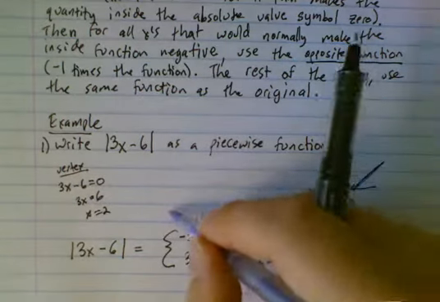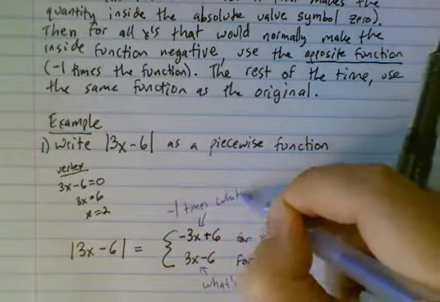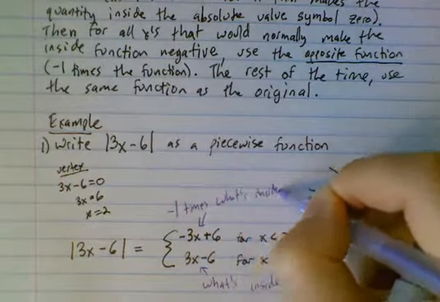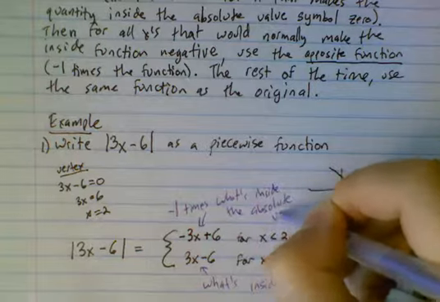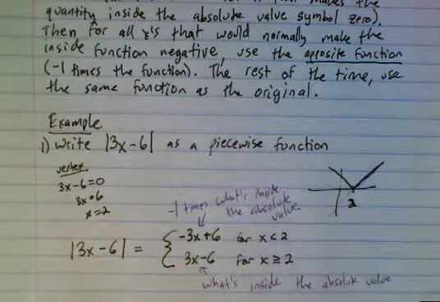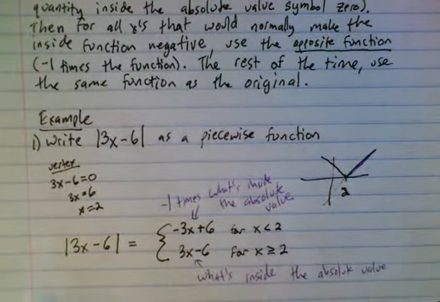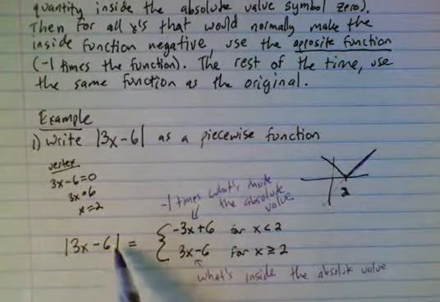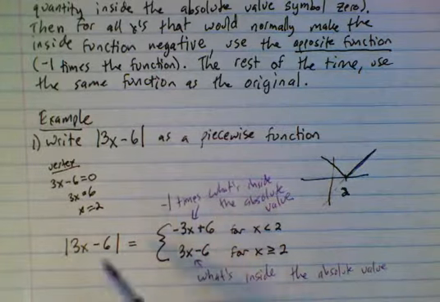And this part up here is negative 1 times what's inside the absolute value. And this is because in this section of the graph, because this value is going to be negative, the absolute value is making it the opposite, so it's doing negative 1 times what's inside.